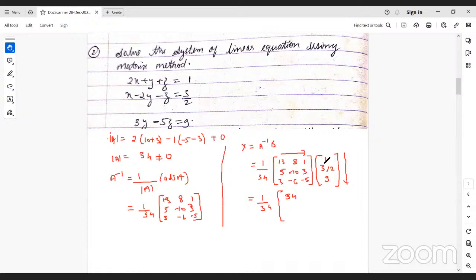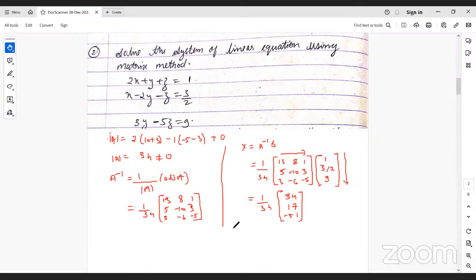Next similarly 5 into 1 is 5, minus 10 into 3 by 2, it will be minus 15, minus 15 plus 27. On simplifying, you get 17, and then 3 into 1, minus 6 into 3 by 2 and minus 5 into 9, and by taking the sum you get the answer as minus 51.